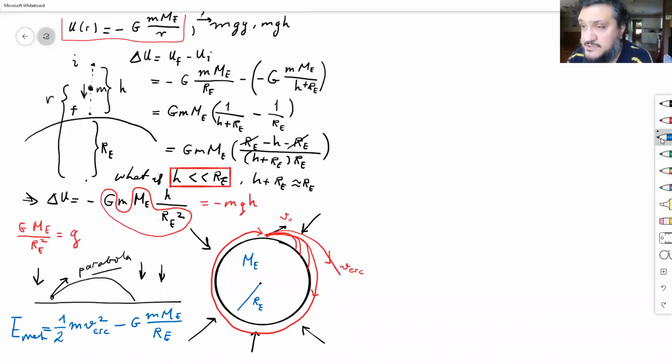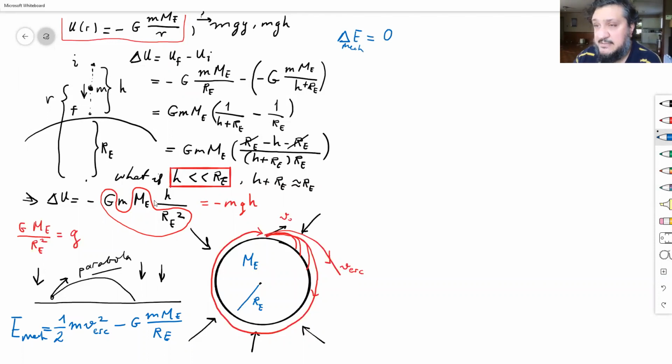Gravity is the only force we're working with. It's a conservative force. And the relation between the work done by gravity and the gravitational potential energy, you saw that already in the previous video. So this is conserved. There won't be any change in the mechanical energy.